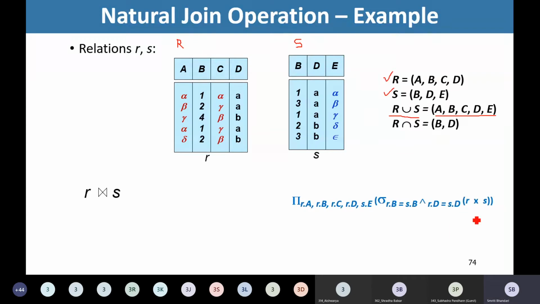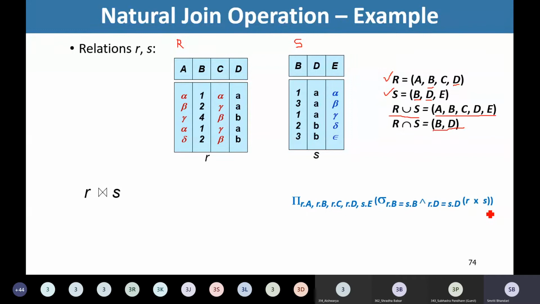Now, according to our definition, what we are going to do is find the cross product of R and S, and extract only those tuples from this cross product that satisfy the condition R dot B equal to S dot B and R dot D equal to S dot D. We have two common attributes, B and D, so we need to match the values of B and D in both the relations.